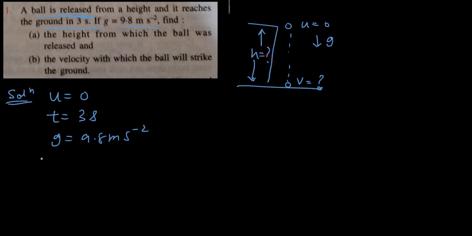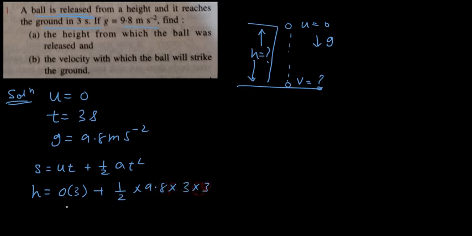So we don't know this, and we don't know the height. So let's calculate the height. So we have s is equal to ut plus half at squared. So s, which is displacement, which is this height, this is 0 into 3 seconds plus half into 9.8 into 3 into 3. So this will be 4.9 into 9, and that height will be 44.1 meters.